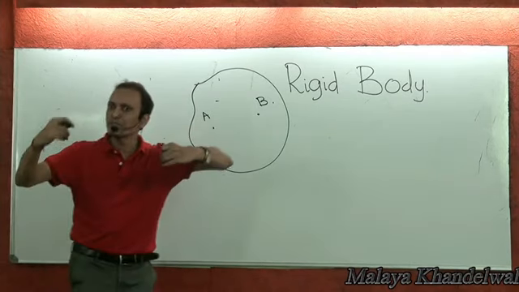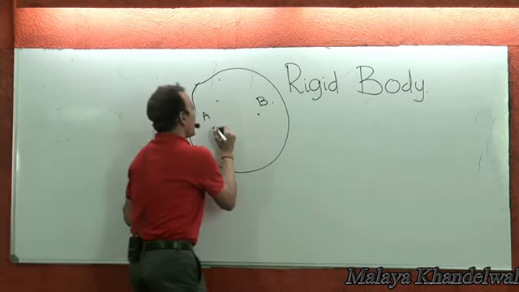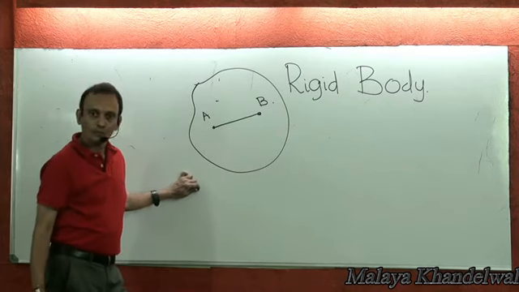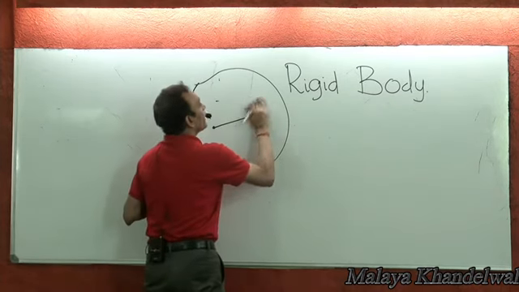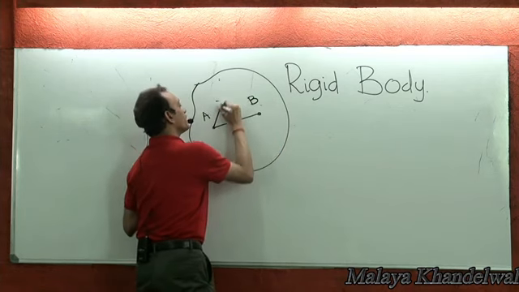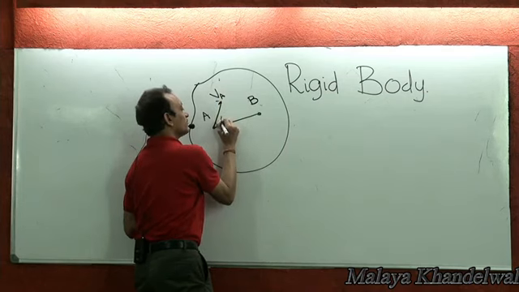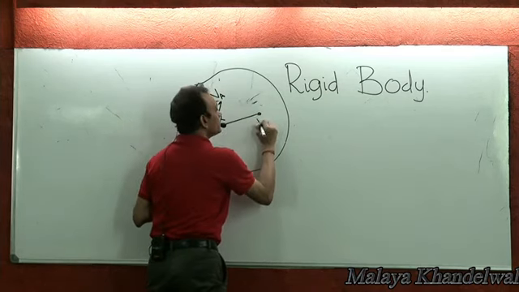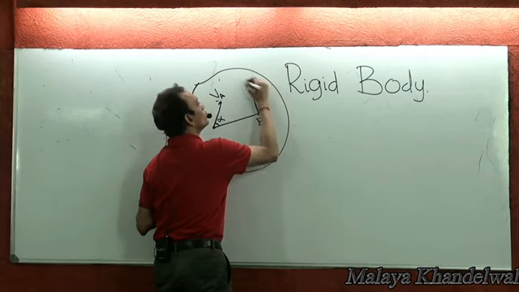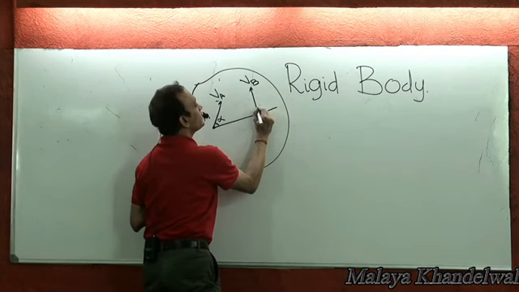These are any 2 points marked on the rigid body, and this is the line joining them. And say, at a certain instant of time, A has a velocity VA, making an angle alpha with AB, and B has a velocity VB, making an angle beta with AB.